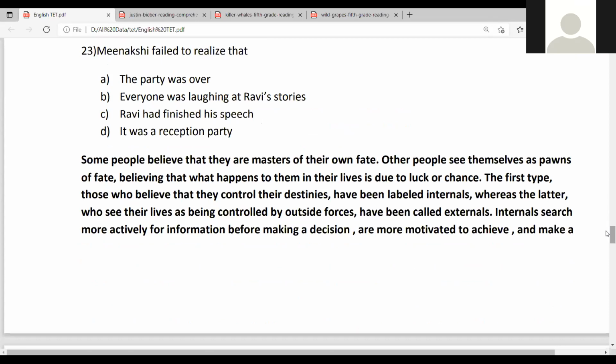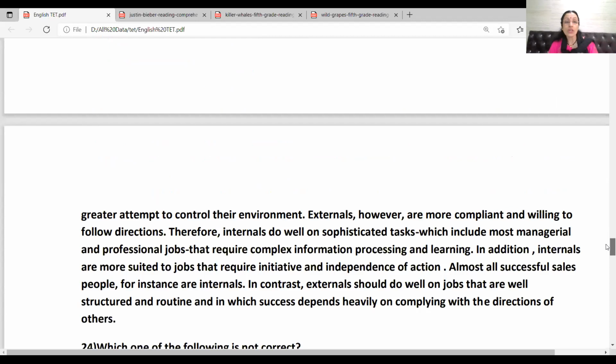Other people see themselves as pawns of fate, believing that what happens to them in their lives is due to luck or chance.